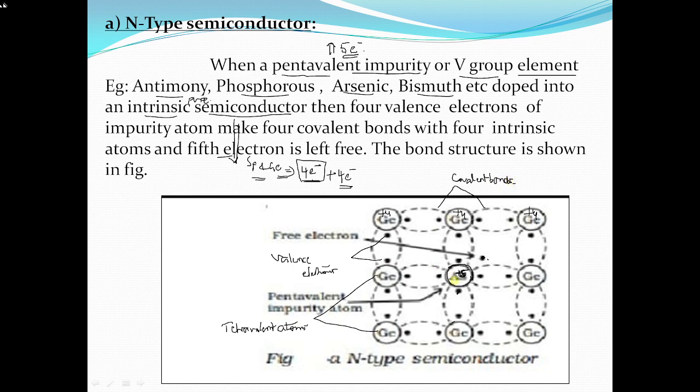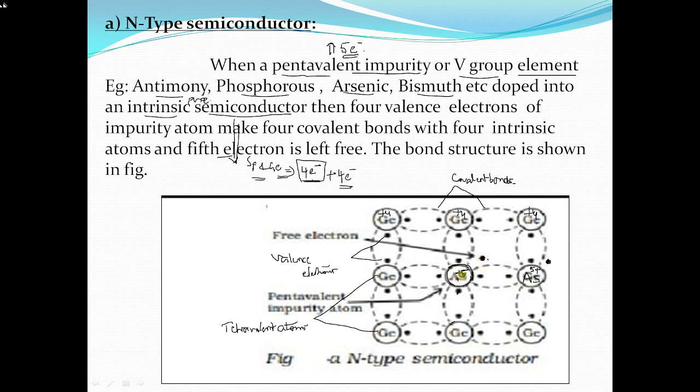Now, if I dope with one fifth group element, I get 1 electron. If I dope here also with arsenic, a fifth group element, I get another free electron. So as the impurities increase, the number of free electrons also increases.